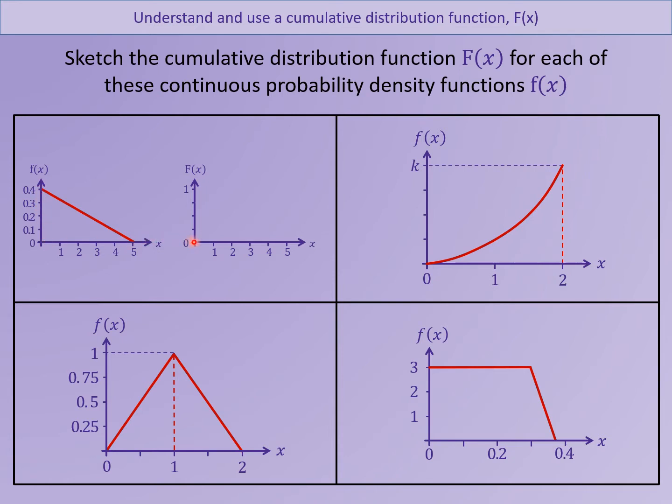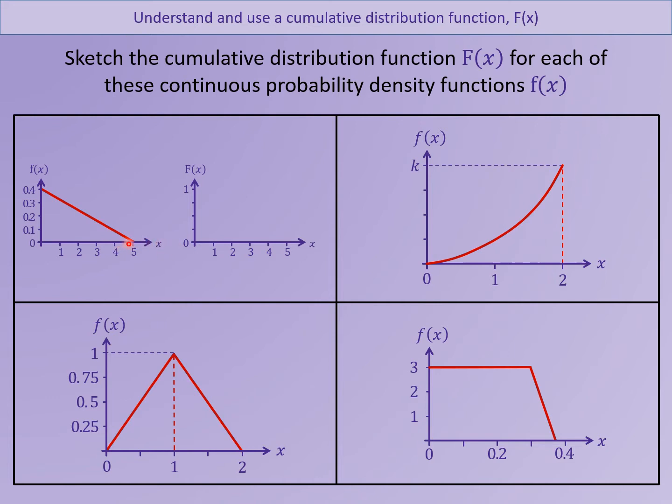As soon as I pass, it is going to start picking up, and it's going to pick up relatively quickly, probably until it reaches its maximum value. Now the maximum value, of course, the area underneath a probability density function is equal to 1. And once I get past 5, it's going to continue being 1.